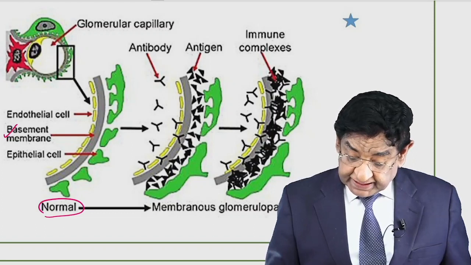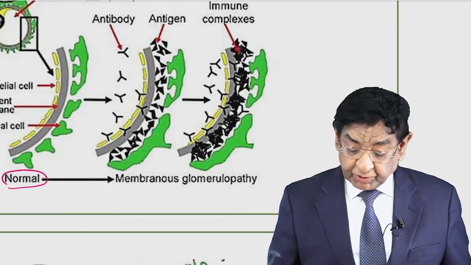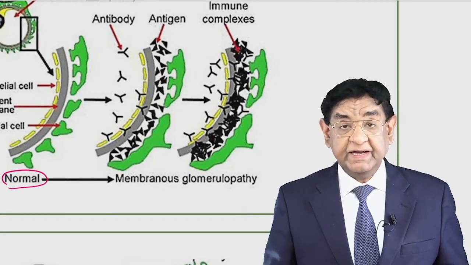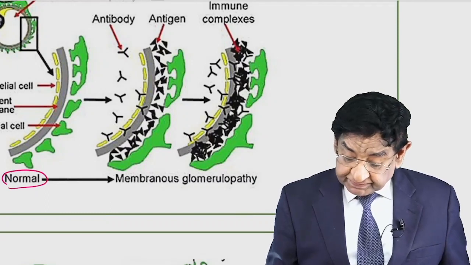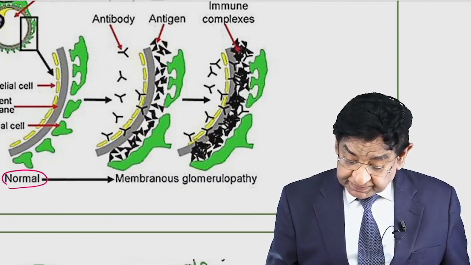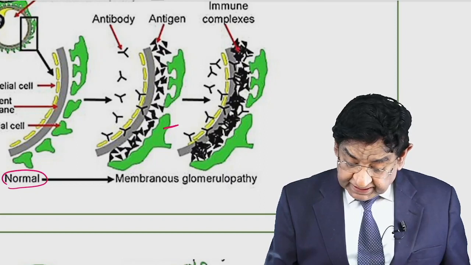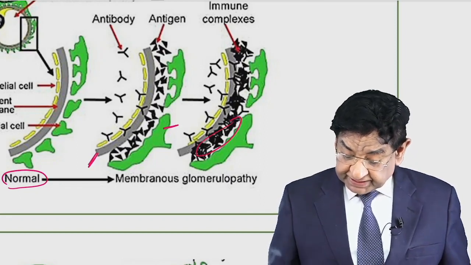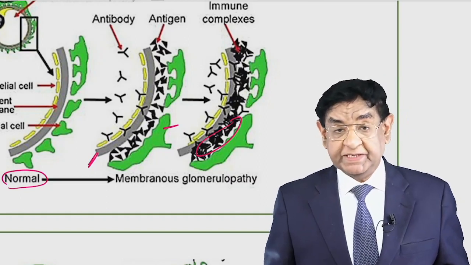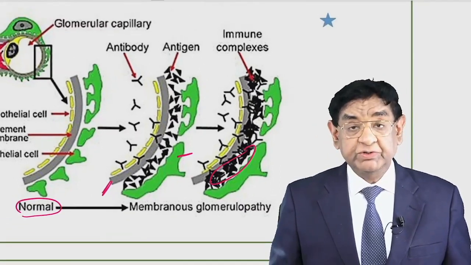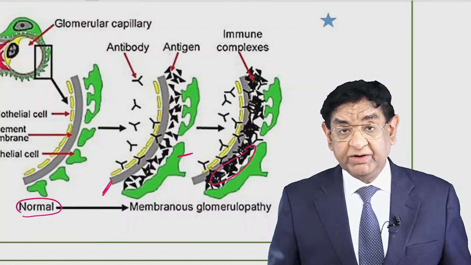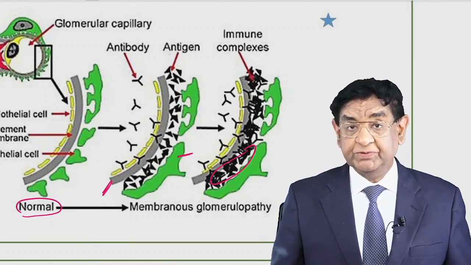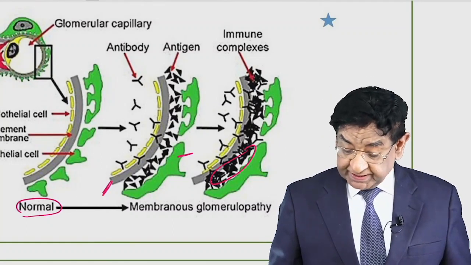Now the antibody is coming, the antigen is there, and they get deposited. And look, what is the site of deposition? The epithelial cell, and this is the glomerular basement membrane, and they are getting deposited here. So-called subepithelial deposition. So I hope now you understood the meaning of subepithelial deposition, which leads to a thickening of the basement membrane.